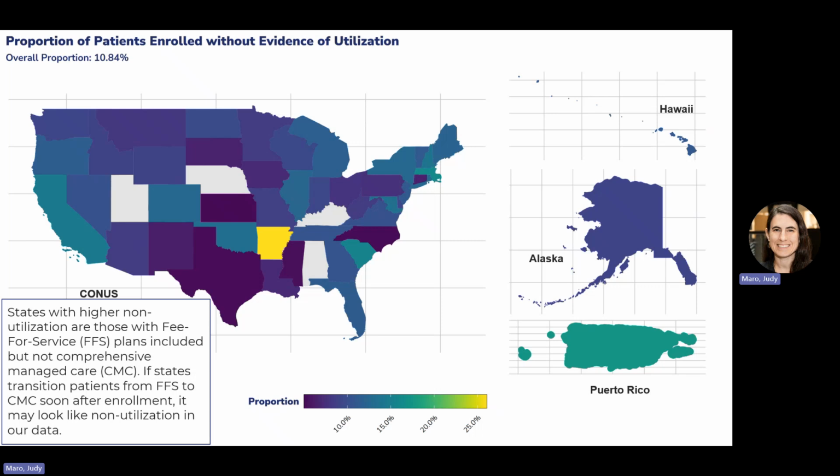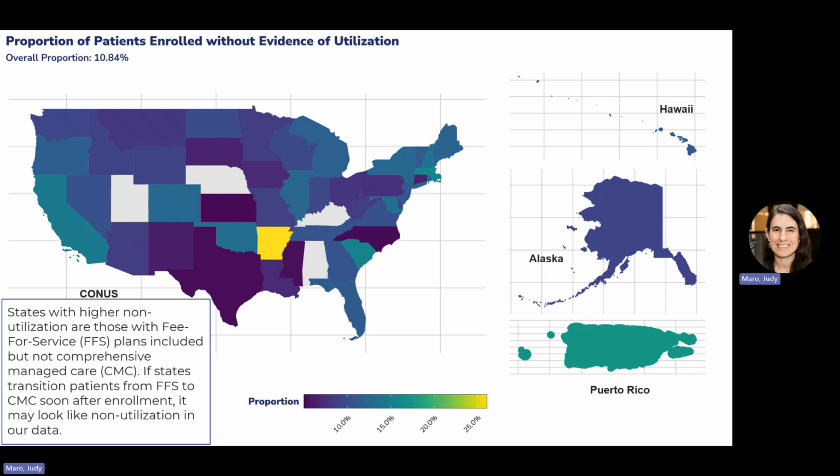So here I'm going to talk about the proportion of patients who are enrolled, but they have no evidence of utilization during a particular time frame. So you could think of them as particularly healthy patients, perhaps, that don't have any interactions with the medical care system during this time. That overall proportion is just close to 11%.